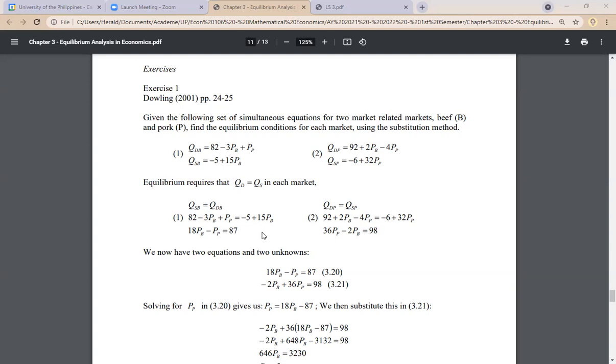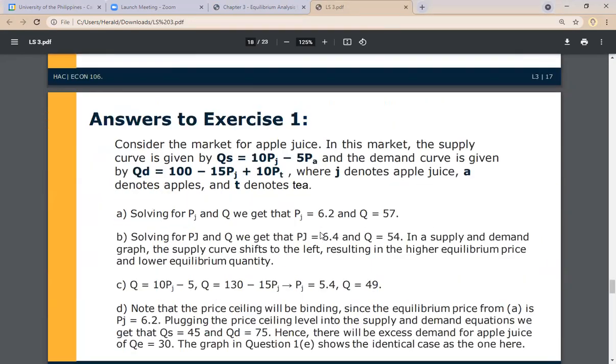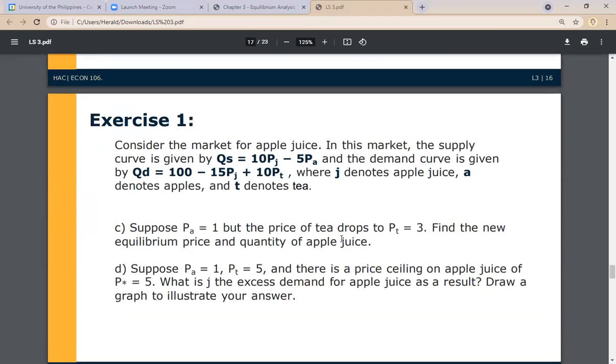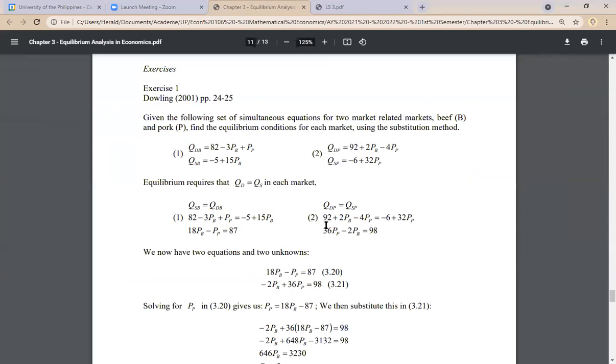In this example, and the examples established here in the lecture notes, we are only dealing with a two-commodity market model. We have another example in this lecture slide, which is a three-commodity model. You can do this one in your free time, but today the discussion is on the process of how to solve a two-commodity model. Okay.